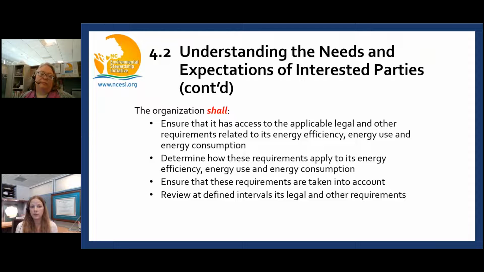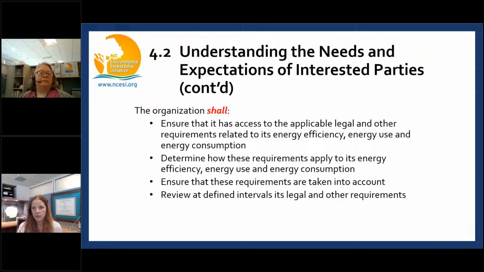Determine how these requirements apply to its energy efficiency, energy use, and energy consumption. Ensure that these requirements are taken into account, and review at defined intervals its legal and other requirements.